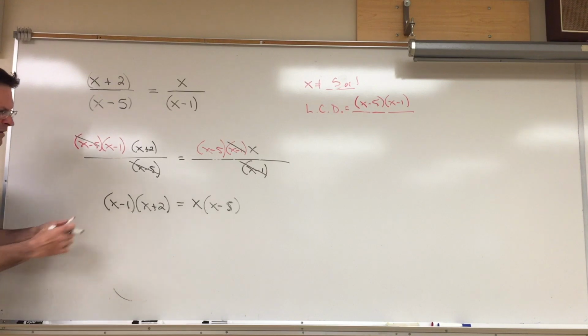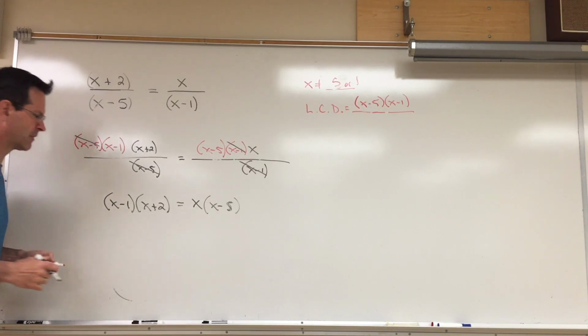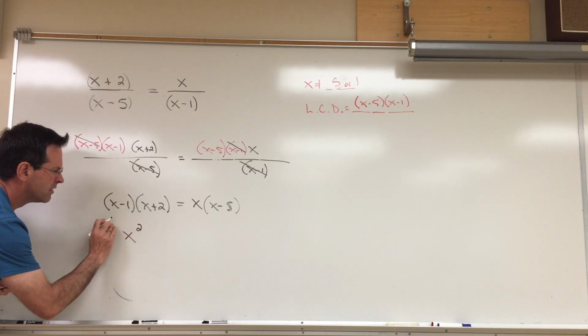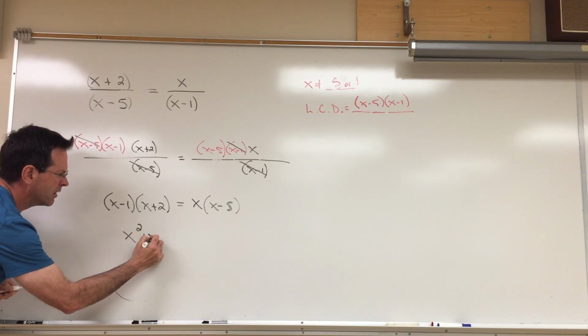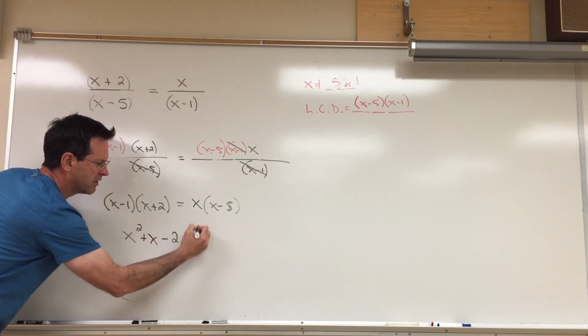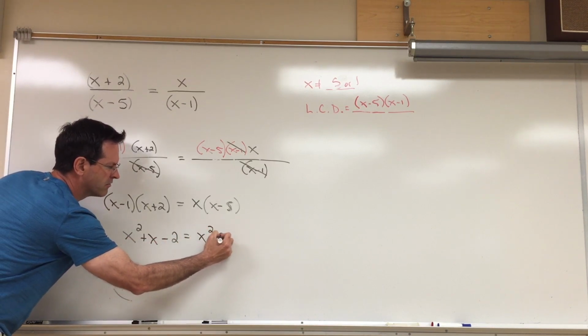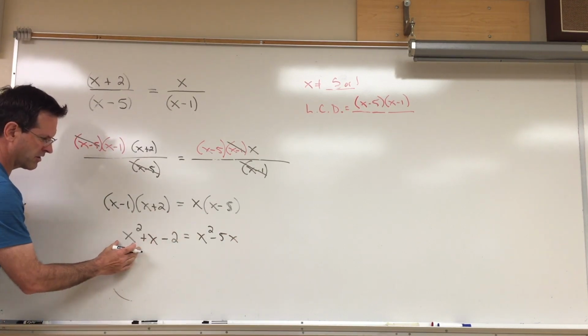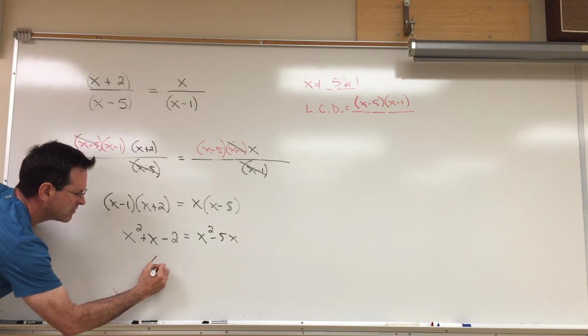We'll have to expand and collect our like terms here. X times x is x squared. When we expand this and collect like terms, we end up with x squared plus x minus 2 equals x squared minus 5x. The x squareds cancel each other out. We end up with 6x.